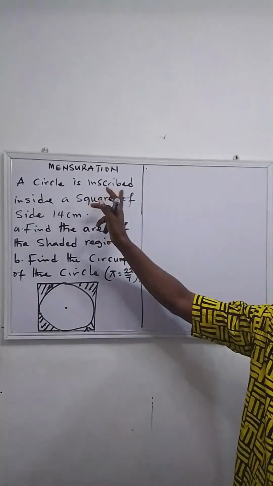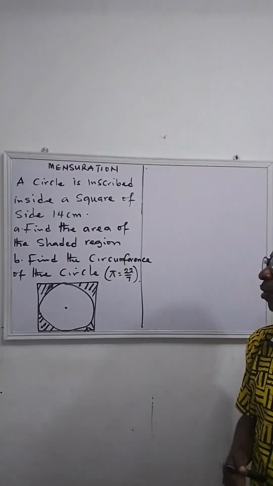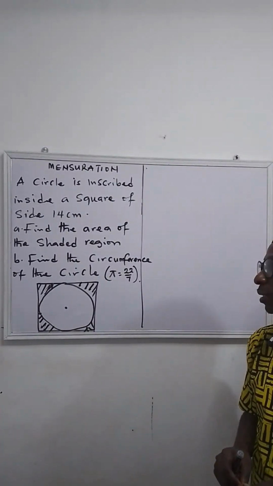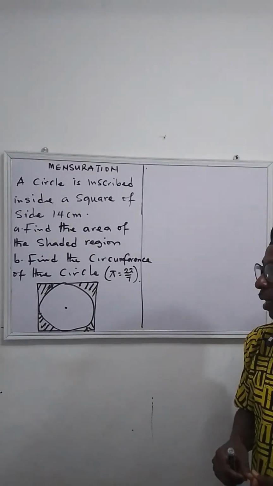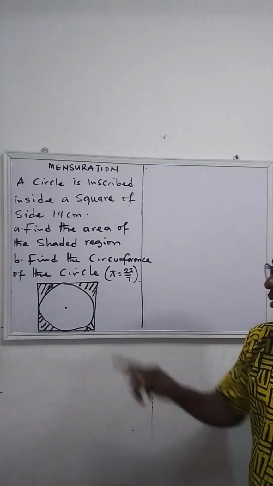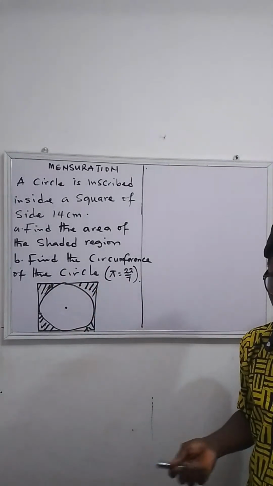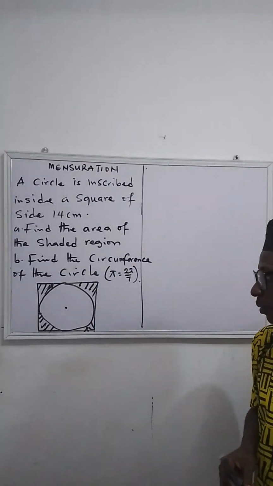A circle is inscribed inside a square of side 14 centimeter. Now you have to find the area of the shaded region. B, find the circumference of the circle. So this question is straightforward.